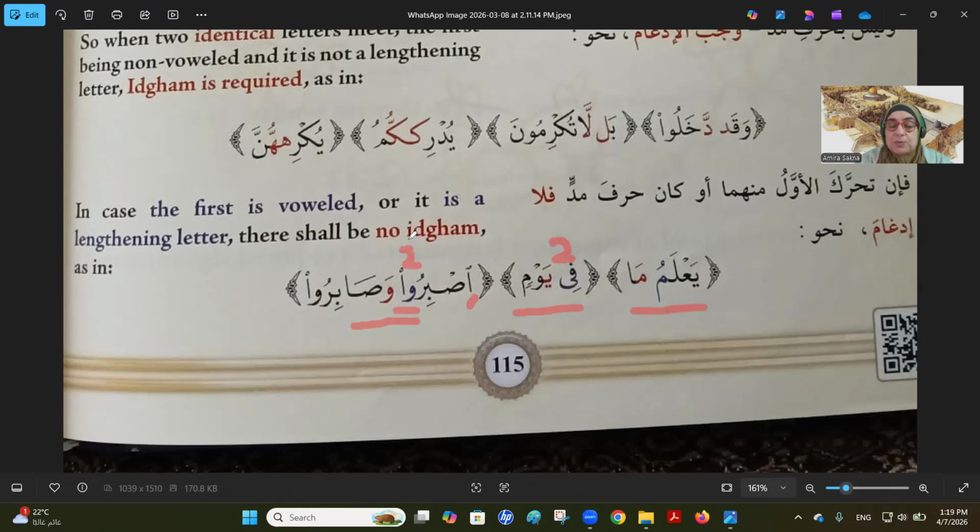Isbiru wa sabiru. This is the way of plural in Arabic, that means a group will do this verb.